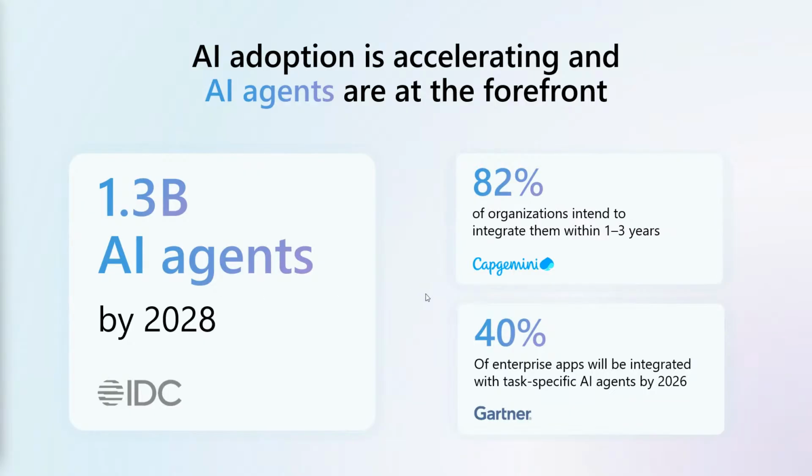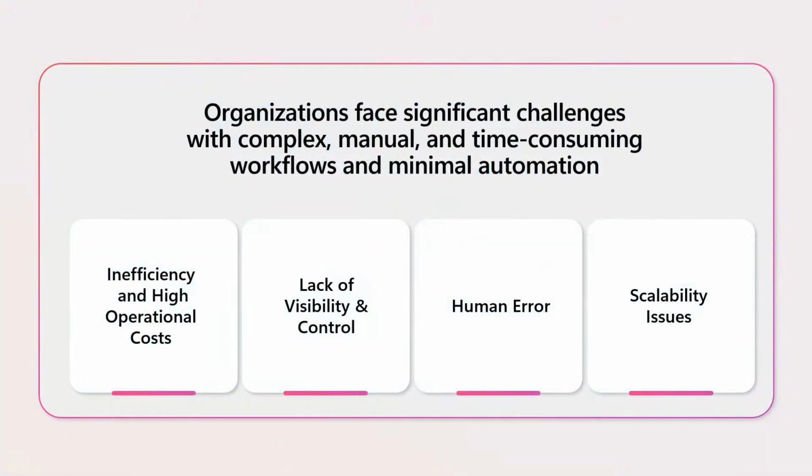So here's the current landscape depicted by a few numbers. Speaking about the reason to adopt agentic AI nowadays, it addresses a few common challenges, which are summarized in this slide.